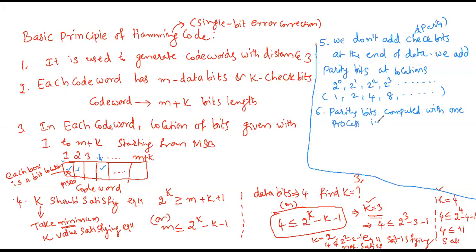The parity bit at the first position we consider P1, this is P2, this is P3, P4, like this.